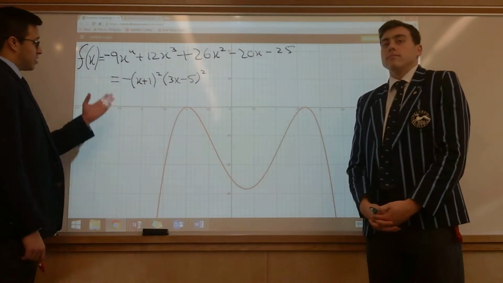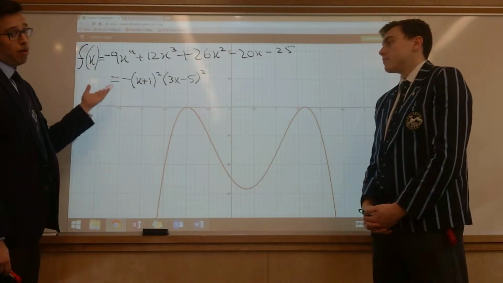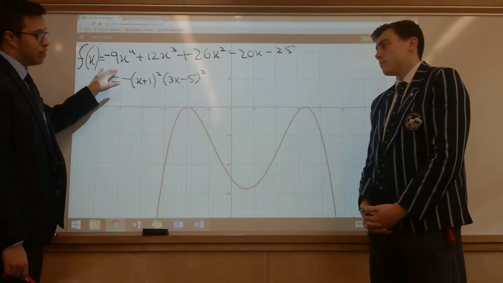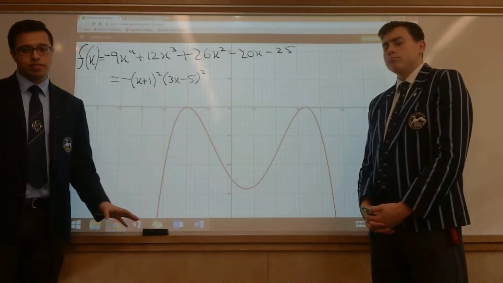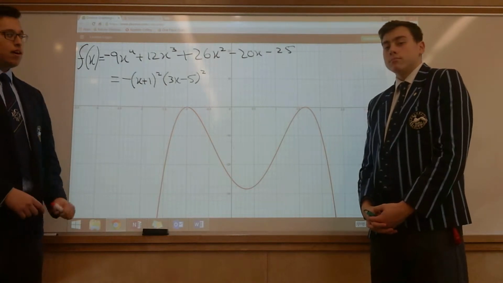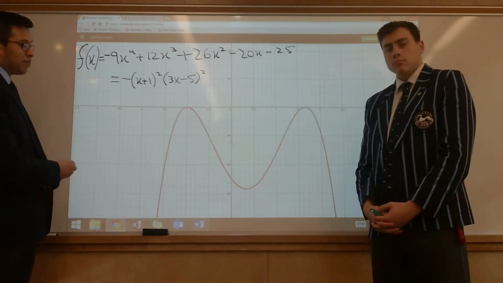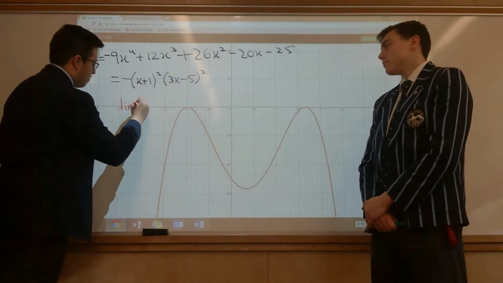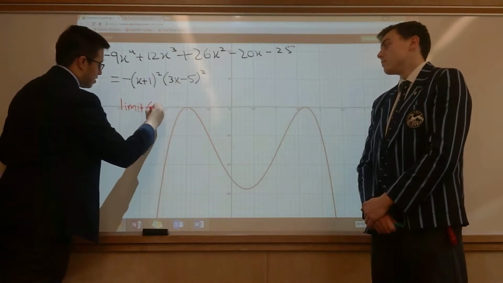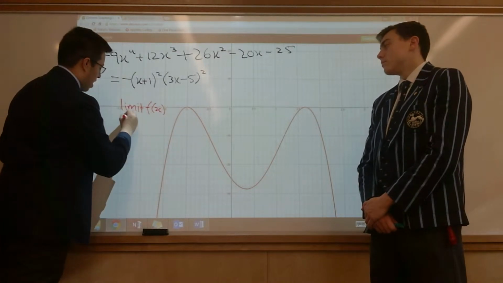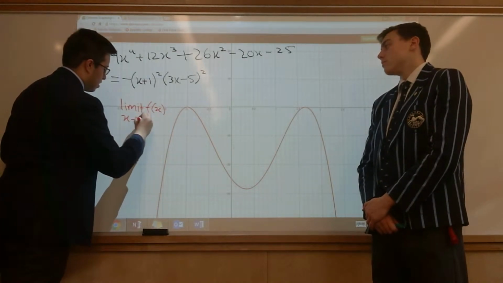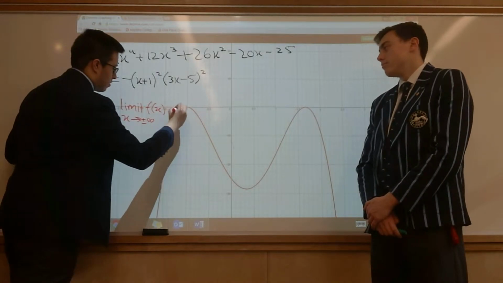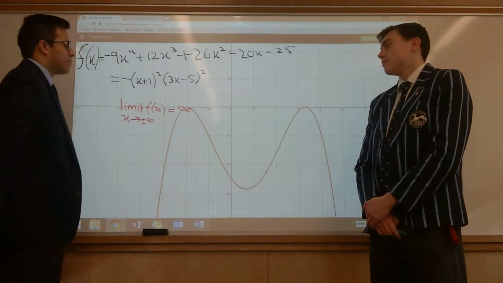Now, as you can see, this is a degree 4 polynomial. So that must mean that this is a quartic function. Now, all even degree functions have matching long run behavior. So the way you write that is the limit of f of x as x approaches plus or minus infinity equals infinity.